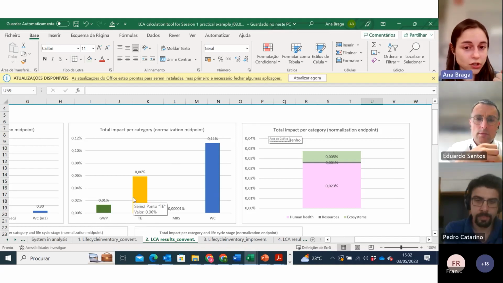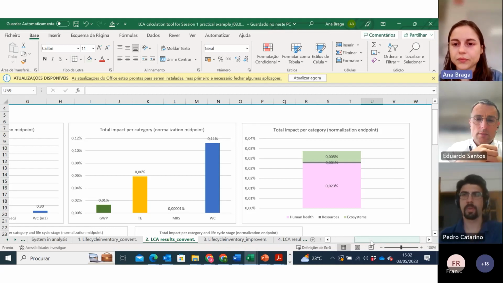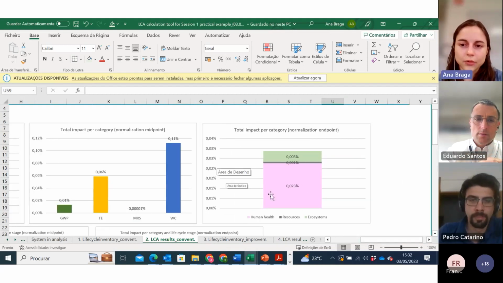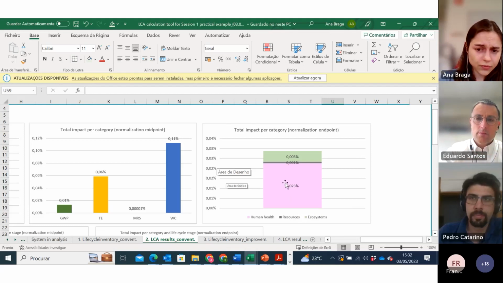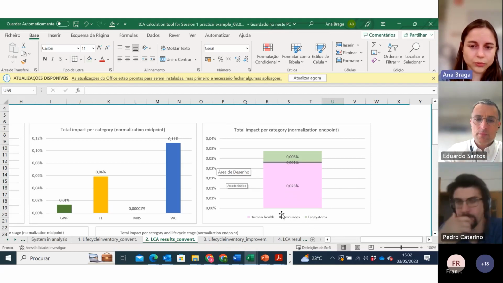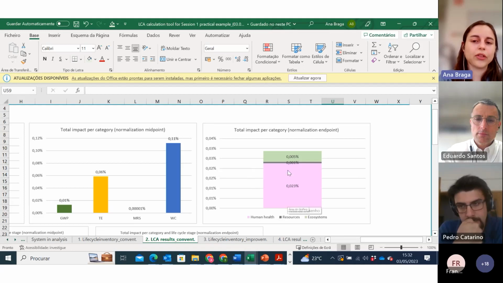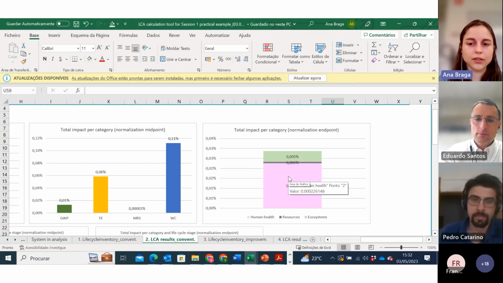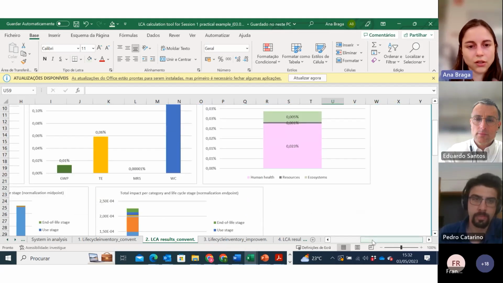And this is just for 1 liter. And here in the normalization endpoint, this is the distribution related. So the human health is also a major weight relating to ecosystems and resources. So this is the overall impact.